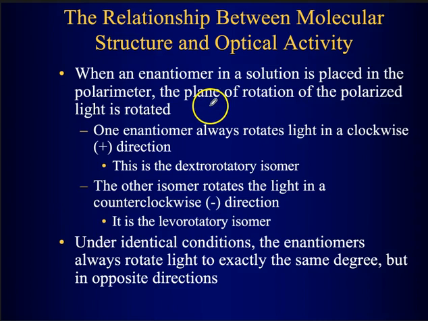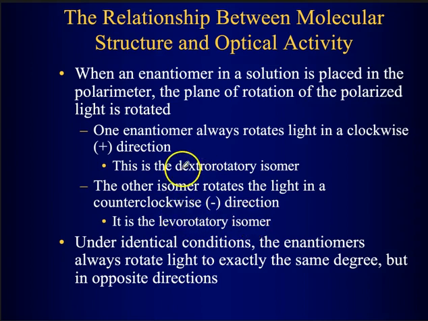All right, so we said that one enantiomer always rotates the light clockwise, the positive direction. We're going to call this our D enantiomer, or D isomer. So I guess they do actually have a term: the dextrorotatory isomer, or the levorotatory isomer.